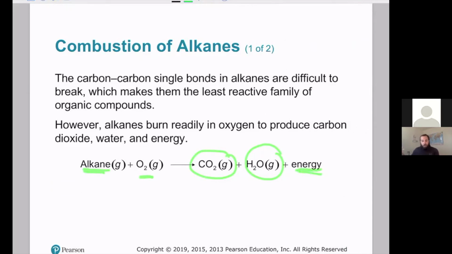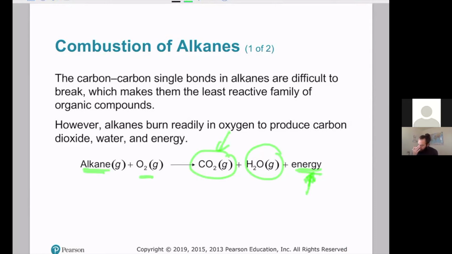That's why we have this global warming crisis right now, dumping a whole bunch of CO2 into the atmosphere, because the main way that we as humans have been able to generate power, generate energy, is by utilizing this combustion reaction here. Your car, if you don't have an electric vehicle, is being run by a combustion engine. This reaction is happening over and over and over again under the hood of your car in order to produce the energy that's driving you forward.